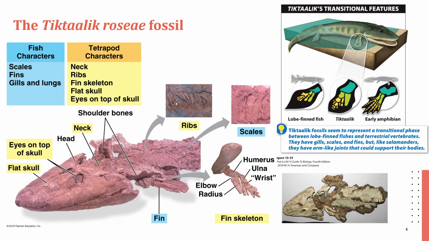So think of a crocodile who just skims along the top of the water with just its nose and its eyes out and the rest of its body concealed underneath. This is the type of skull that this guy had, which suggests that it would have been in shallow waters peeking out. And so all of this taken together, we have some characteristics that make it both fish-like and early amphibian-like.